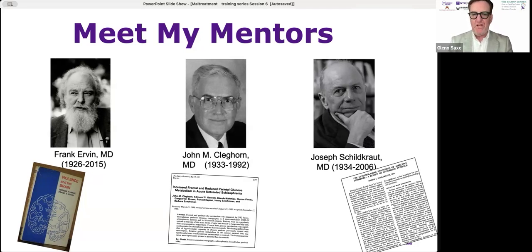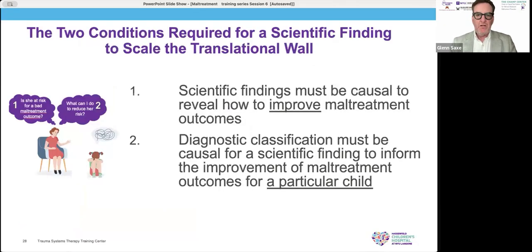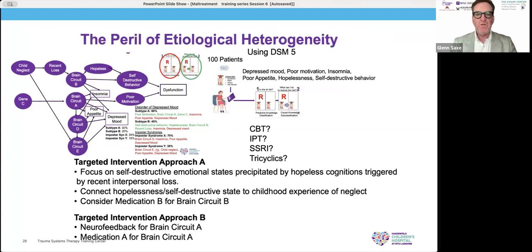And so we have to think about what are we doing, and put out there's only 2 conditions for which we could scale this wall. One, the scientific findings have to be causal to reveal how to improve outcomes, and diagnostic classification must be causal to apply a finding to a particular child.